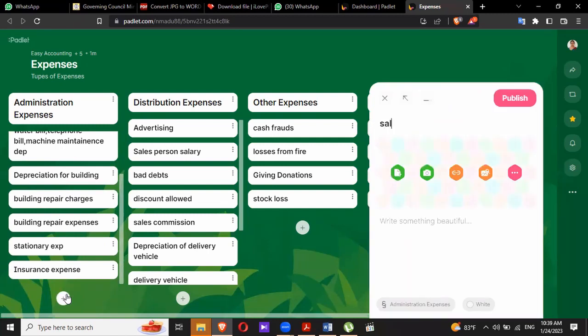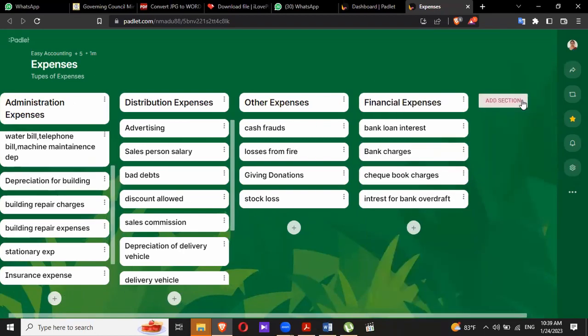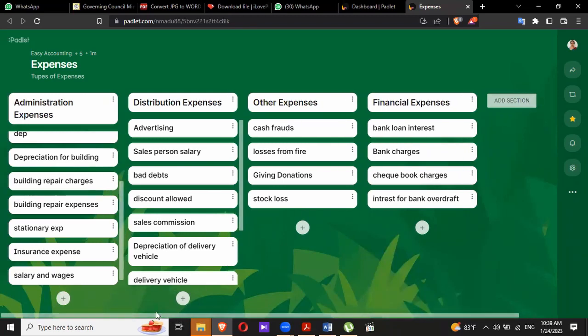You can add, I'll add salary and wages. If it is given just salary and wages, it comes under administration, right? If it is specifically given for salary and wages for salesperson, sales staff likewise, it comes under distribution. That's the method, right? So salary and wages comes under administration.